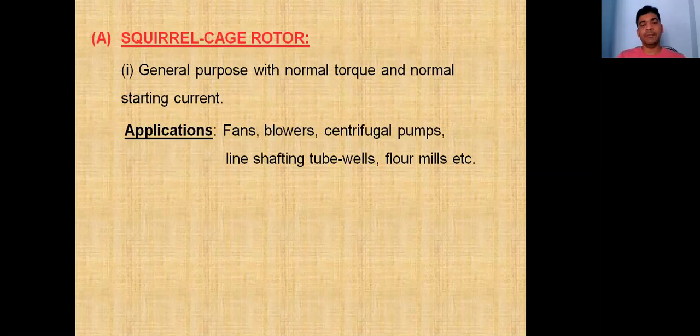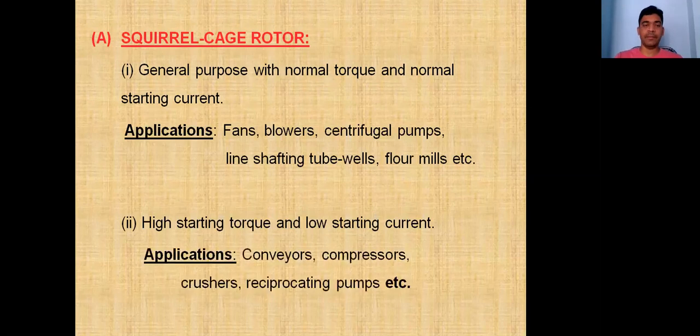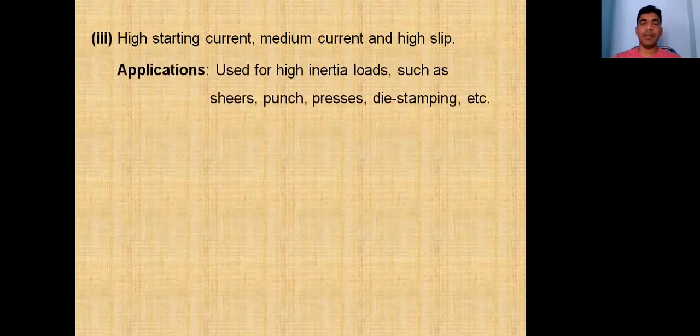It has applications in fans, blowers, centrifugal pumps, line shafting, tubewells, flour mills, etc. High starting torque and low starting current: conveyors, compressors, crushers, reciprocating pumps, etc. High starting torque, medium current and high slip: used for high inertia loads such as shears, punches, presses, die stampings, etc.